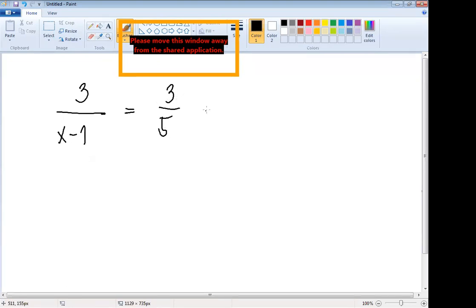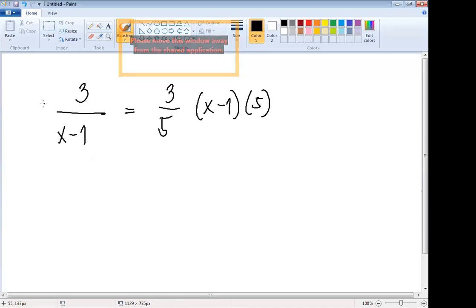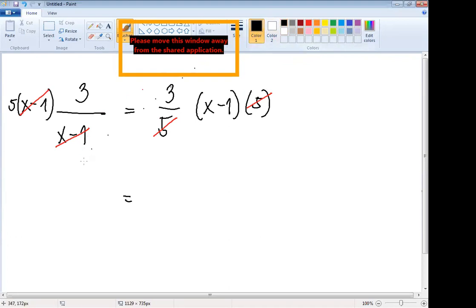What will remain is that we can cancel out 5, and cancel out x minus 1 and x minus 1. Therefore, we have 5 times 3 equal to 3 times x minus 1.